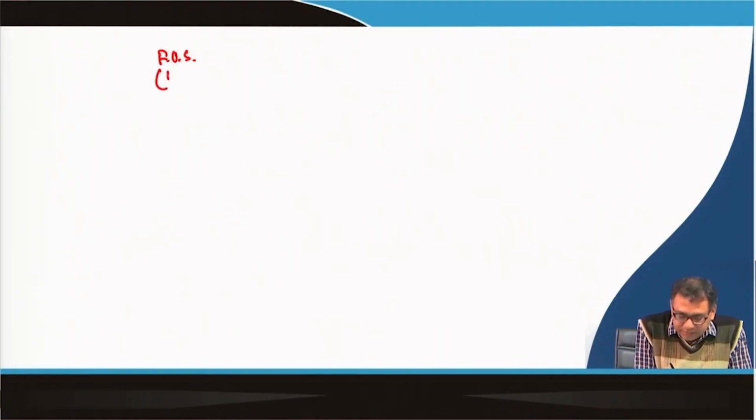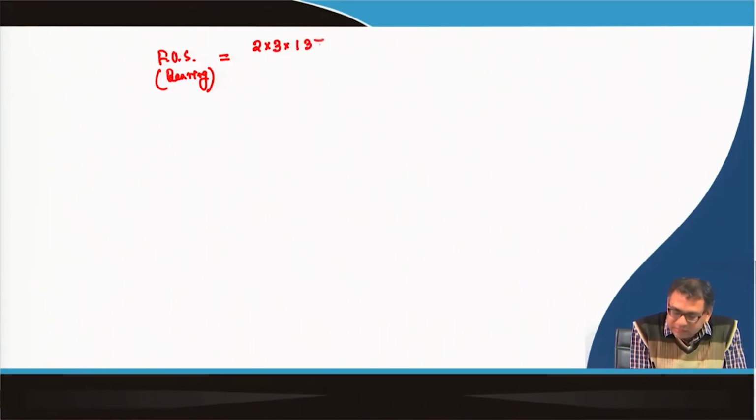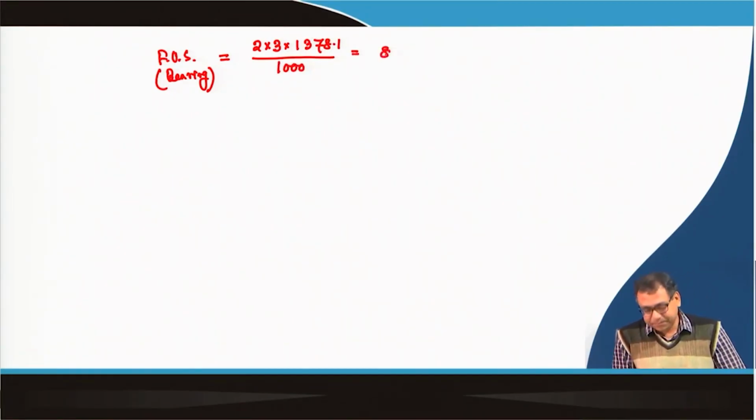Now, we have to calculate the factor of safety. So, the factor of safety for bearing is equal to the total load the footing can carry, that is 2 into 3 area into the net ultimate bearing capacity, that is 1378.1, divided by the total load that is acting on the footing, and that value is 8, which is very high.